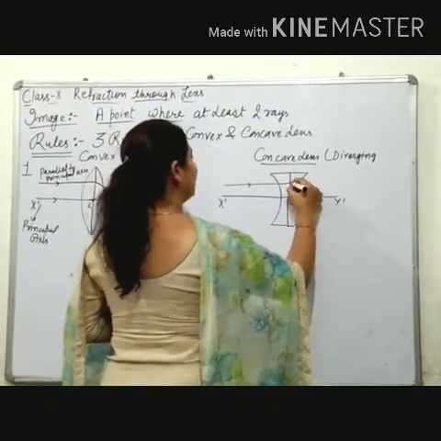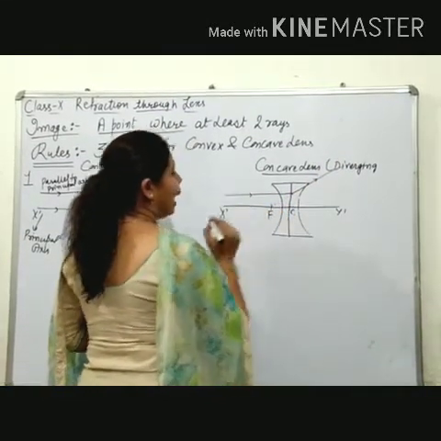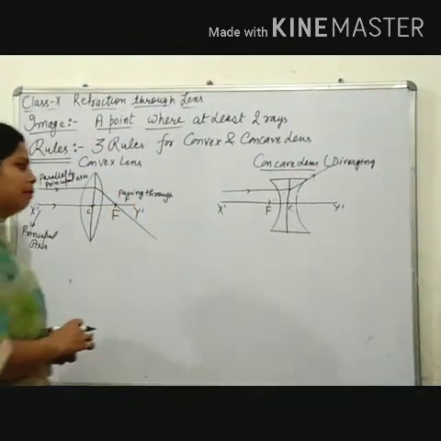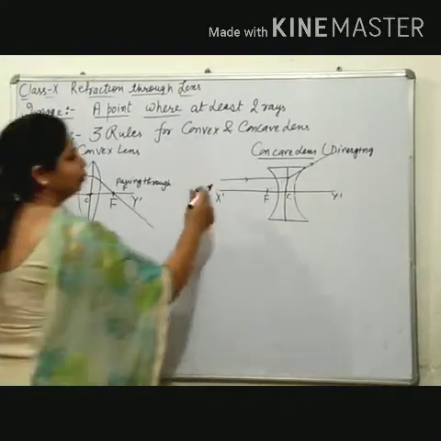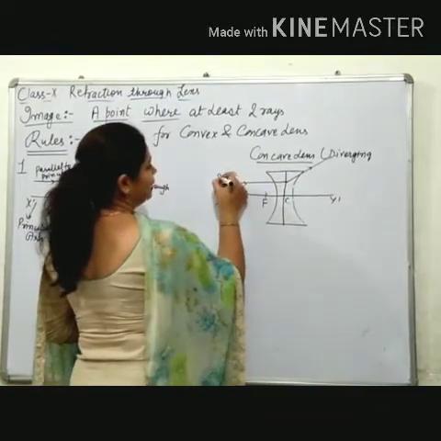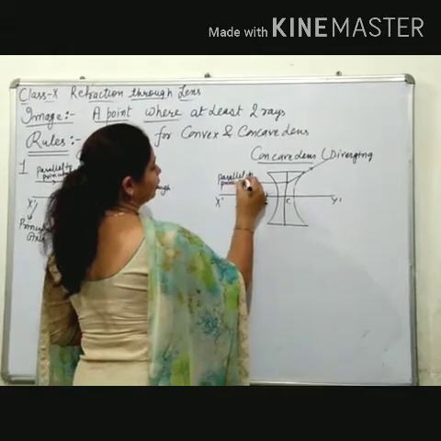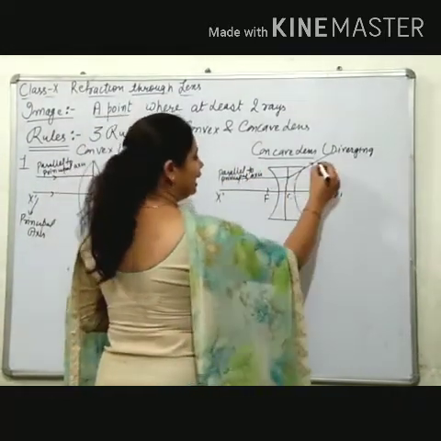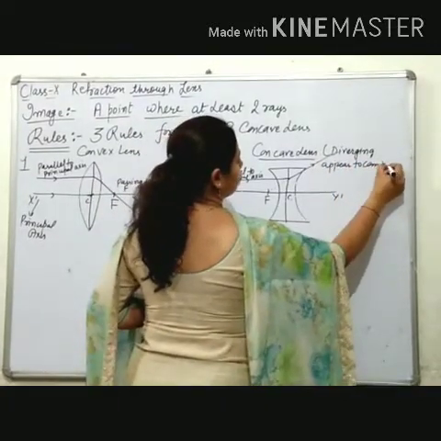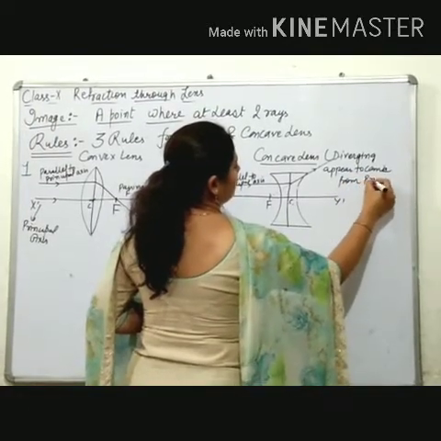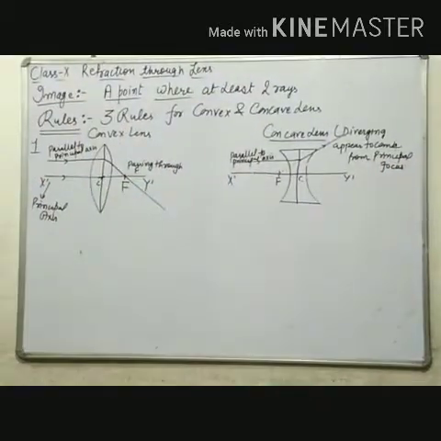It will diverge in such a way that when we produce it in the backward direction, it appears to come from the principal focus. It means here rays after refraction pass through focus, and here rays after refraction, which were initially parallel to the principal axis, appear to come from the principal focus. That is our rule number 1.